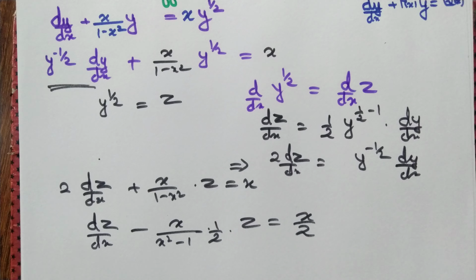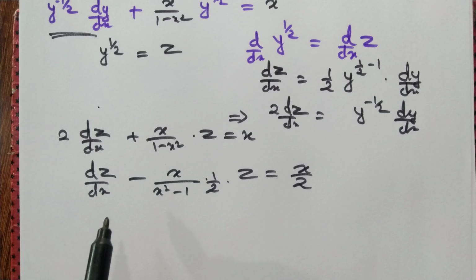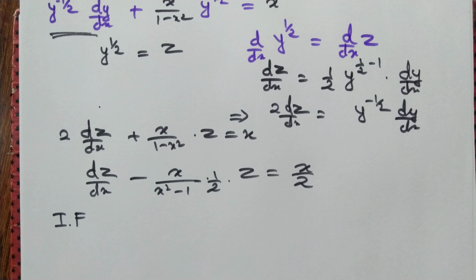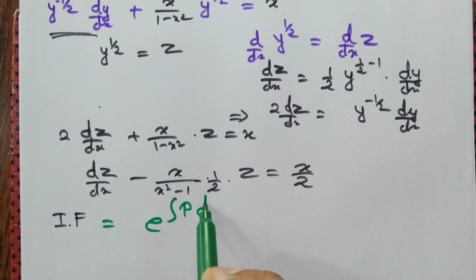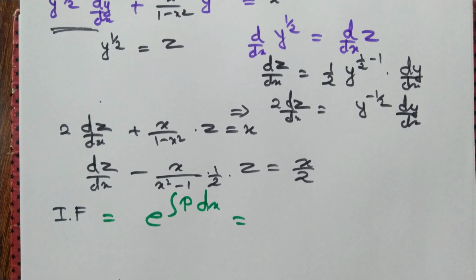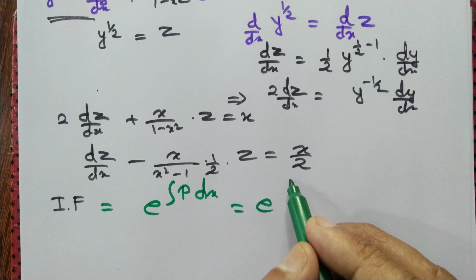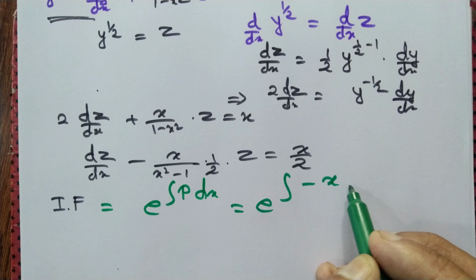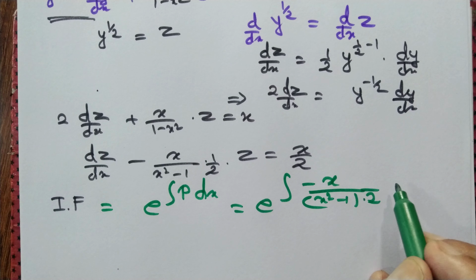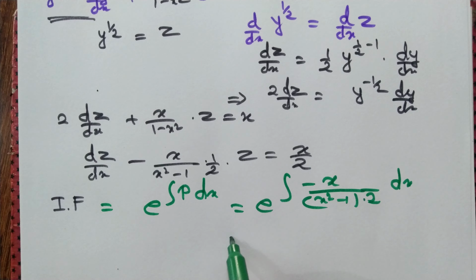Now this is a linear differential equation of first order, and we know how to solve it. For solving it, we need to compute the integrating factor, that is given by e to the power integral of p dx. And p is this function which is totally dependent on x only. So this is equal to e to the power integral of minus x by x square minus 1 times 2 dx.